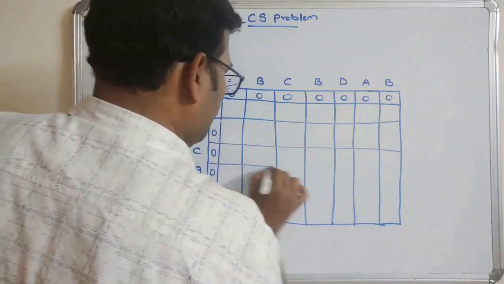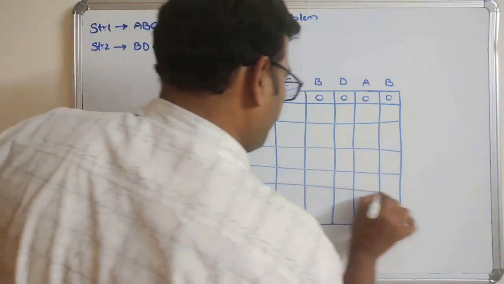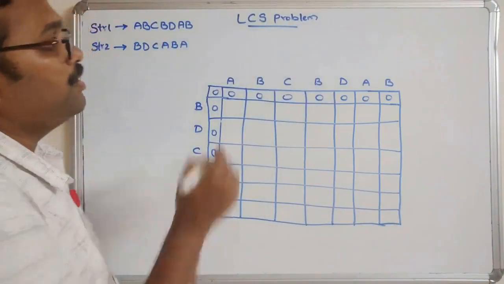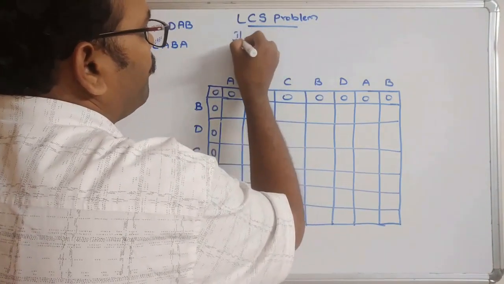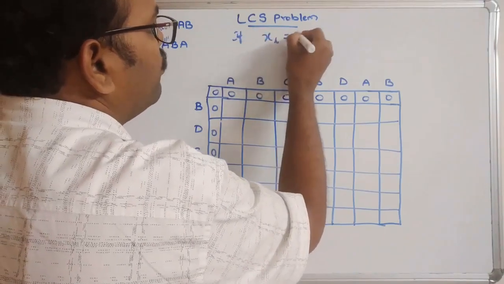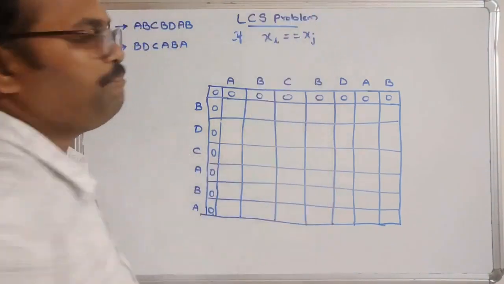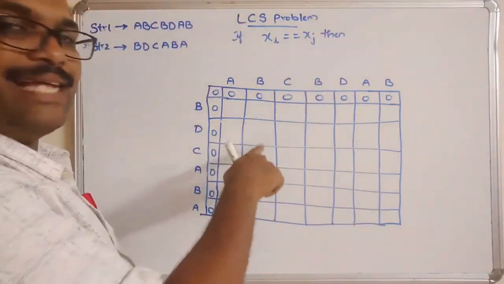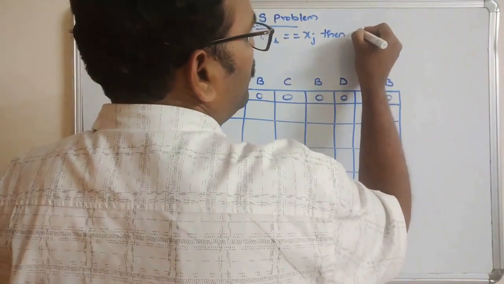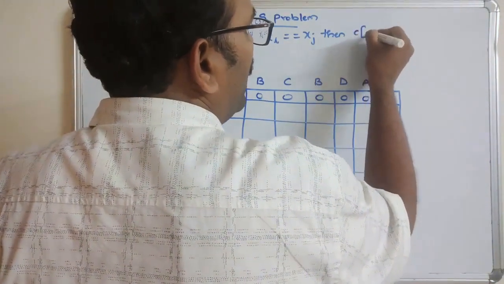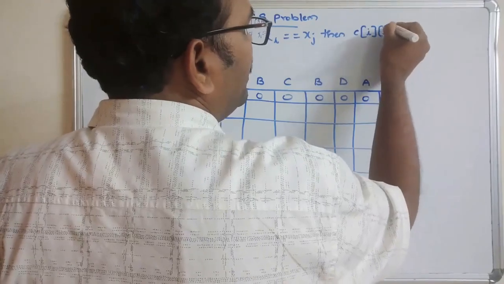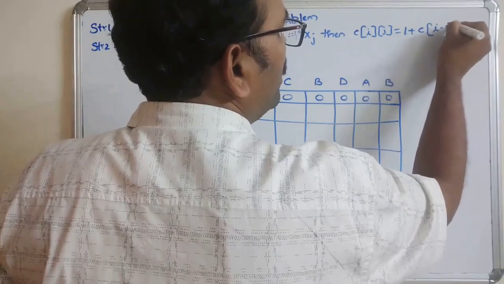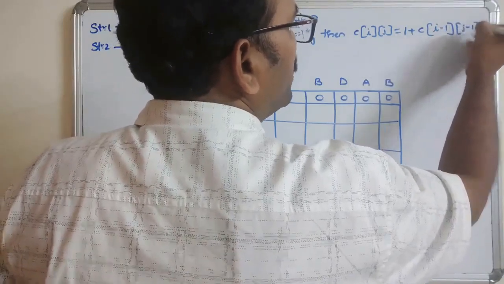We have taken the complete cells, and now we need to fill all the cells by using two formulas. The first one: if xi is equal to yj, if both are equal, then cell of i, j will be 1 plus cell of i minus 1, j minus 1.